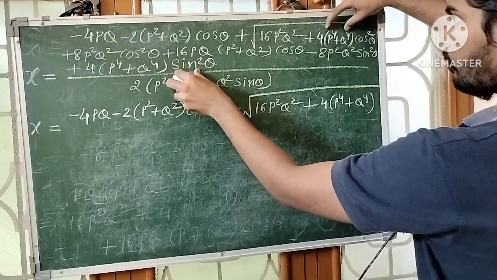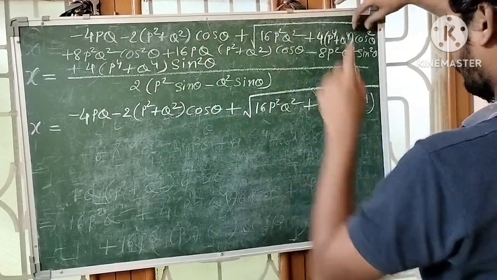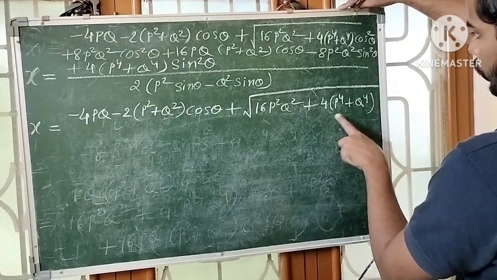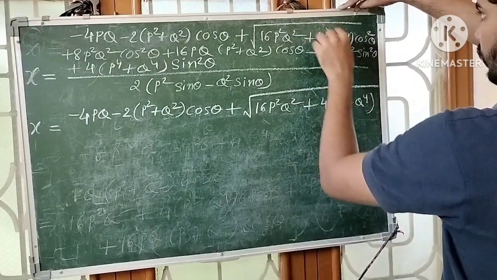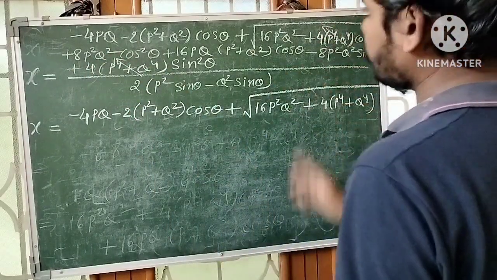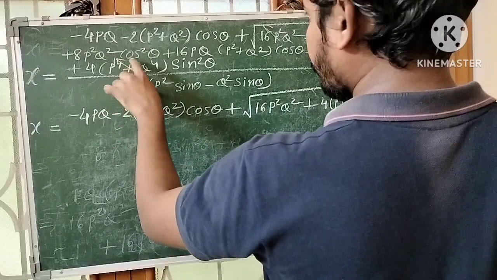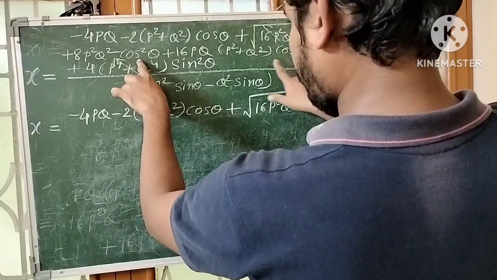So 4 into (p power 4 plus q power 4) is common, and cos square theta plus sin square theta is 1. So the final expression will be 4 into (p power 4 plus q power 4). These terms are already simplified. Next, we need to consider the remaining terms.